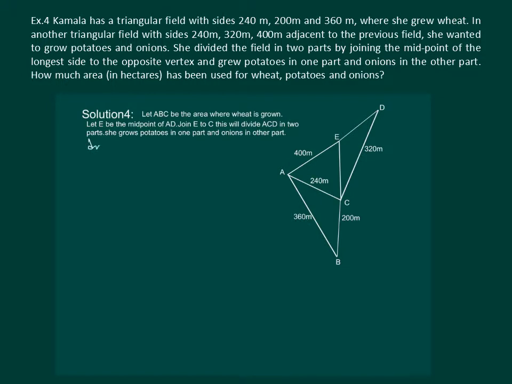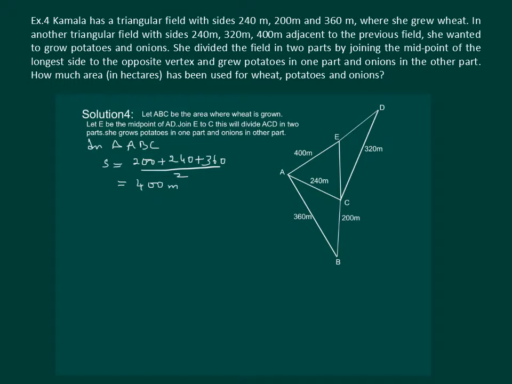So in triangle ABC, all the sides are known. So let us calculate S. We have 200 plus 240 plus 360 whole divided by 2, which is equal to 400 meters.